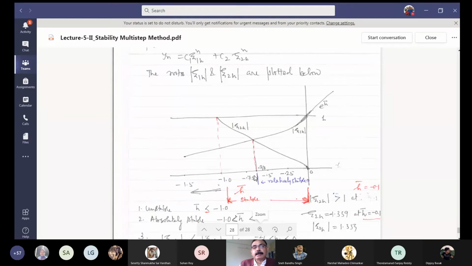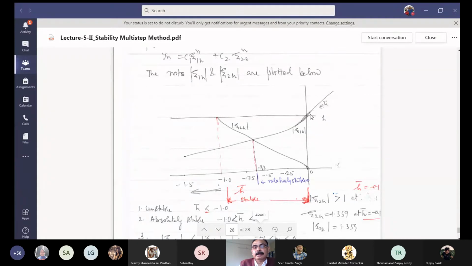One is that these magnitudes should not exceed 1. That region we have to see. So magnitude of xi2h, xi1h, if we see this line, this value, that is your 1, because the e to power h bar cuts at this place, so this will be the line with your 1, right?